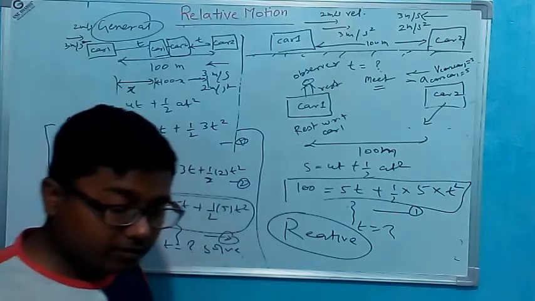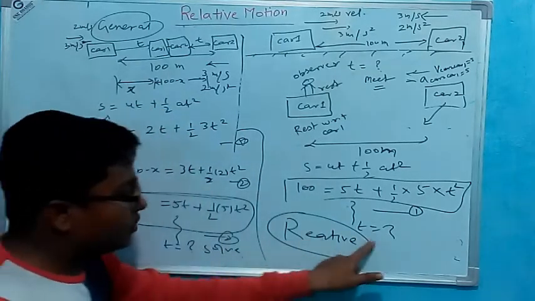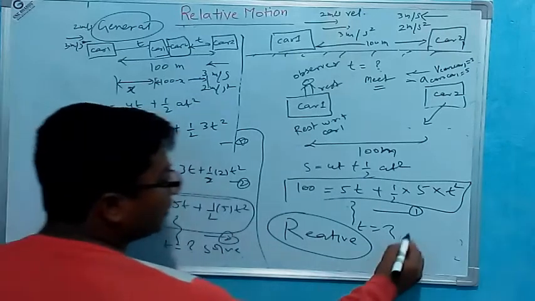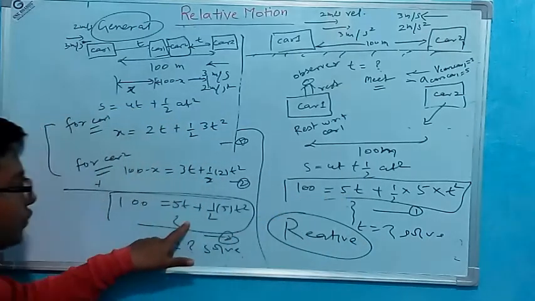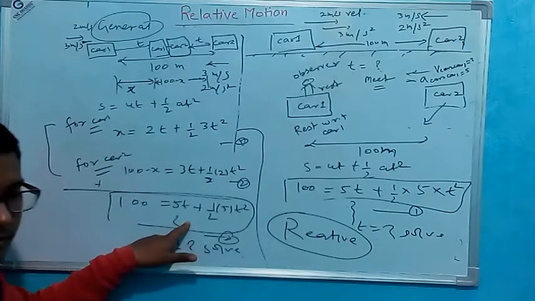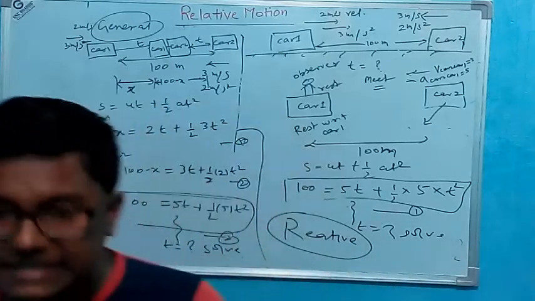If we are right, then the time solved from here and the time solved from here will be the same. And we see that this equation and this equation are the same.